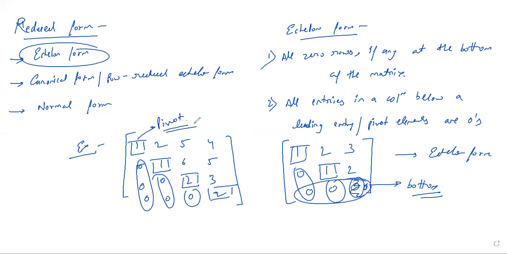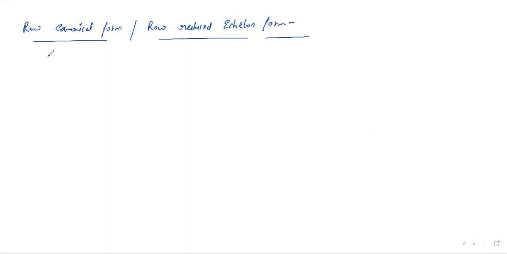Now we will see row canonical form or row reduced echelon form. This canonical form is basically obtained from the echelon form of the matrix.